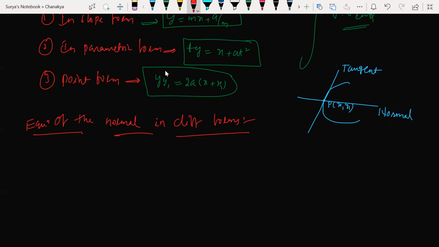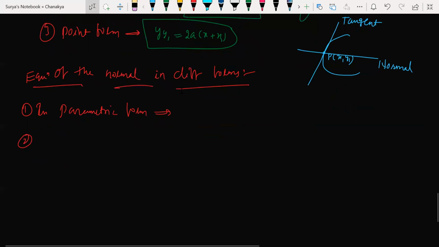Okay, look, equation of the tangent, first in parametric form. Parametric form is nothing but somewhere we'll be including a theta value or t value, something like that.